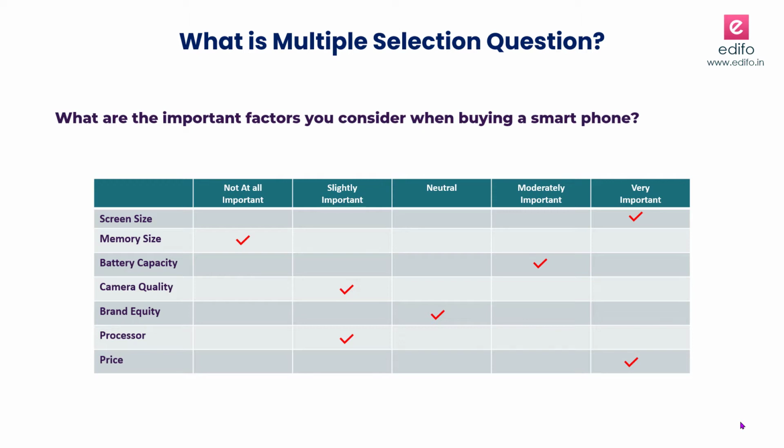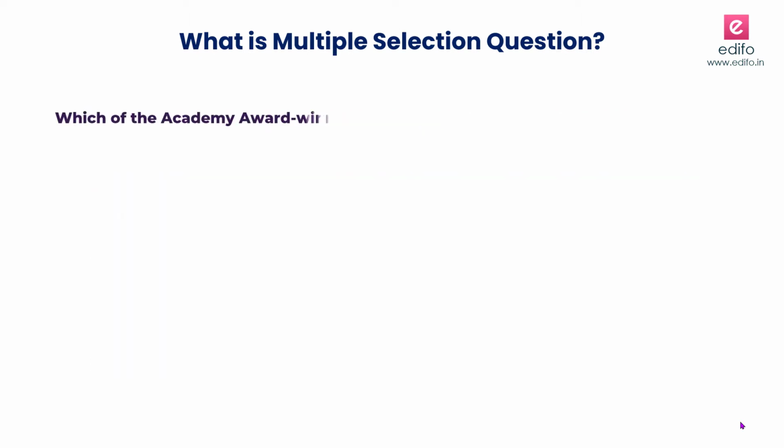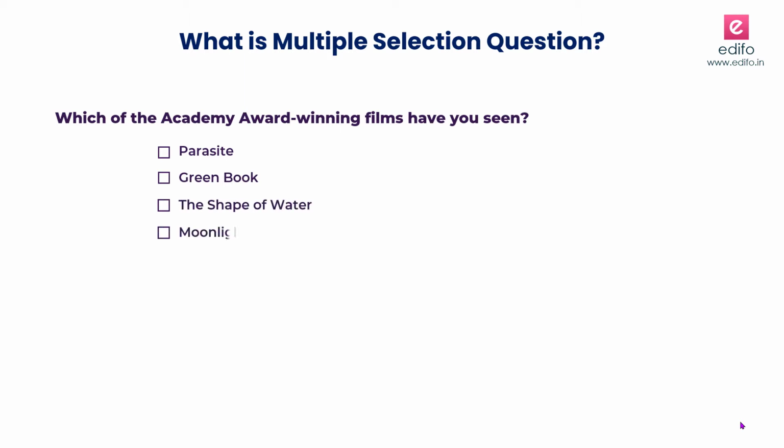But important thing you need to consider is that we cannot convert all these type of multiple selection questions into Likert scale questions. Consider another example. Which of the Academy winning film have you seen? Here are the options: Parasite, Green Book, The Shape of Water, Moonlight, 12 Years a Slave, The Artist, and Spotlight.